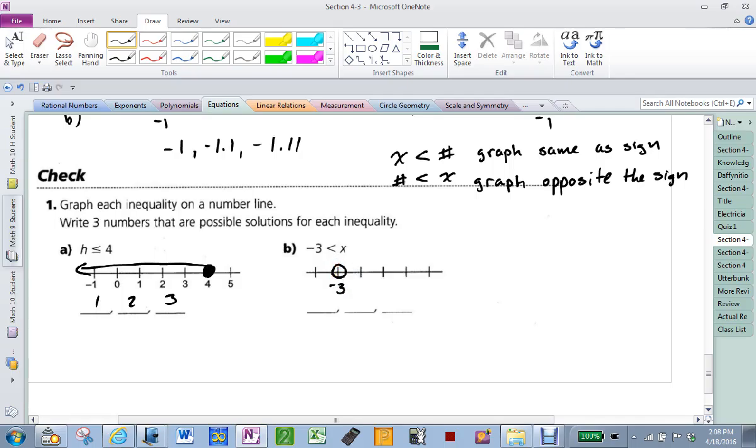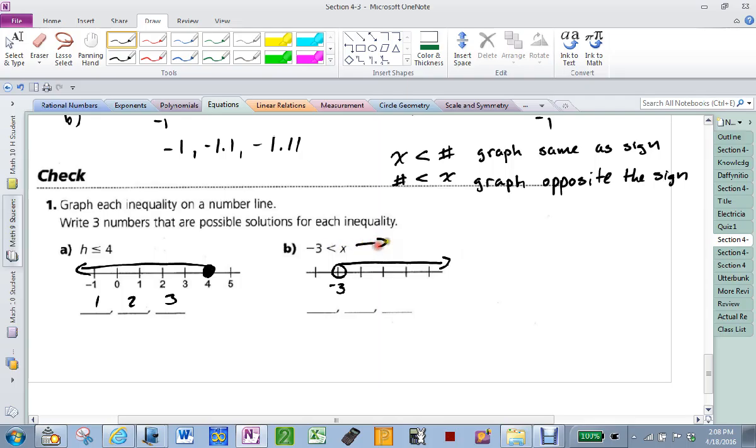Now, is it letter, sign, number, or number, sign, letter? Number, sign, letter. So I graph opposite the sign. So, which way does the arrow go? The arrow points left, so you go right, for the reason I've explained 3 times already.